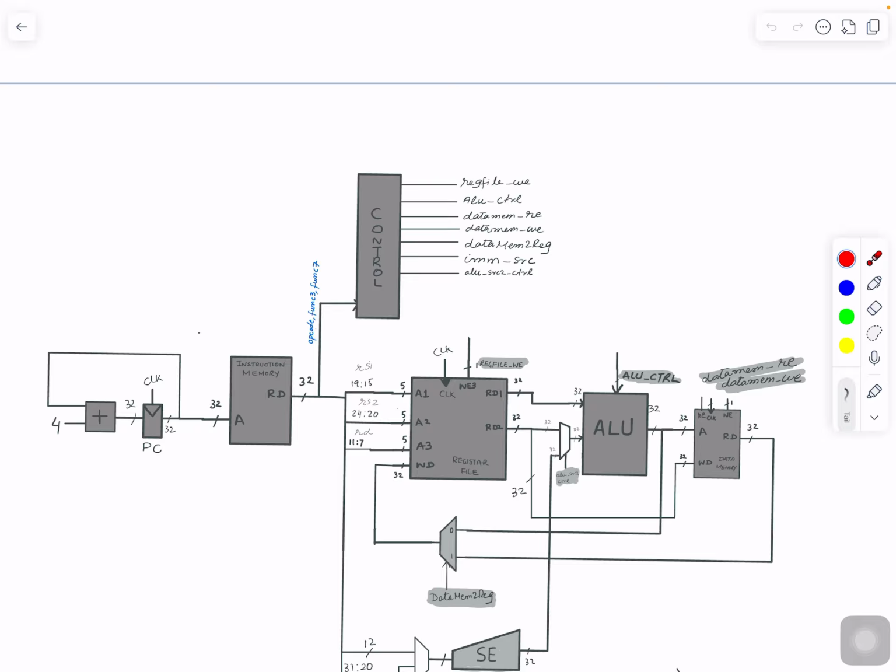These three different things from the instruction we provide to the controller. Then controllers have a lot of multiplexers. The way we're going to implement it is with SystemVerilog high level constructs like: if opcode, func3, func7 is this, then set this signal to 1, else 0. If you really created it by hand, it would be a truth table.